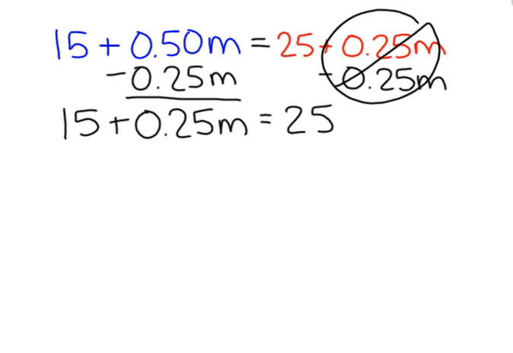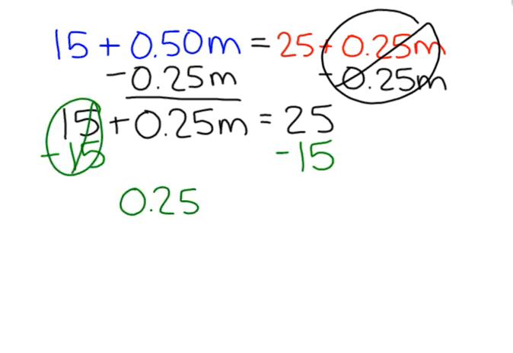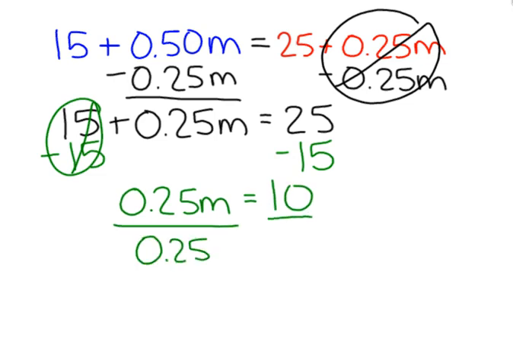Okay, now it's a two-step equation, so we will continue by subtracting 15 from each side to get 0.25m equals 10, and then we'll divide by 25 cents on both sides. So since 25 cents goes into a dollar 4 times, 25 cents would go into $10 40 times.